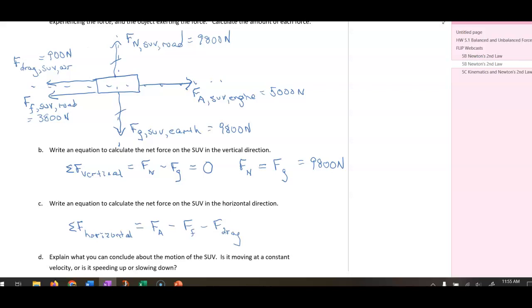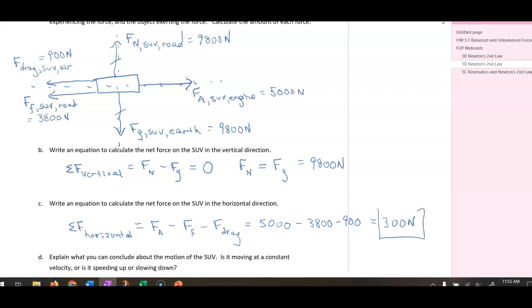They haven't really told me that it's moving at a constant velocity, but I have values for all three of these forces, and so let me plug those values in. I've got 5,000 minus 3,800 minus 900. Let's see what that is. I get 300 newtons, so it's not equal to 0.